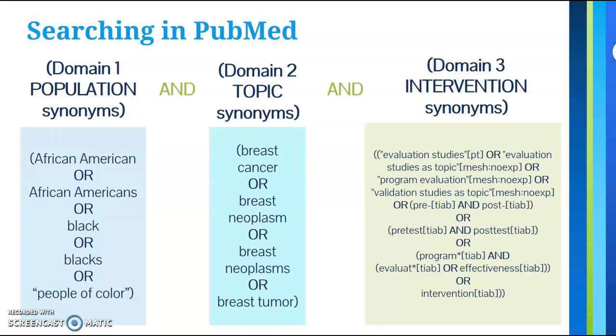So may or may not be synonyms, as you can see here, but any different ways that you can refer to that thing. If you were doing drug abuse, for example, you might do substance abuse, drug abuse, also naming particular drugs. So try to think of it in different contexts.